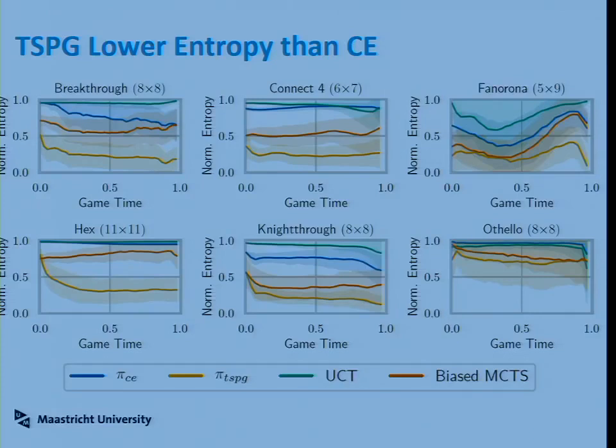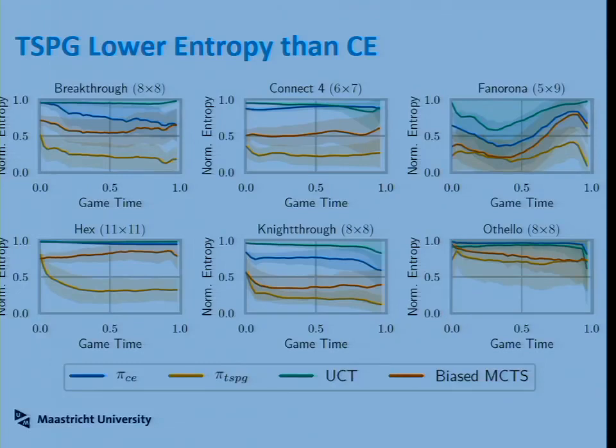A little bit below that, the blue curve, that's actually the cross-entropy one, which is trying to mimic the MCTS behavior. It's often still got very high entropy, so often it's behaving not randomly, it's below the top, but it's playing somewhat closer to random.